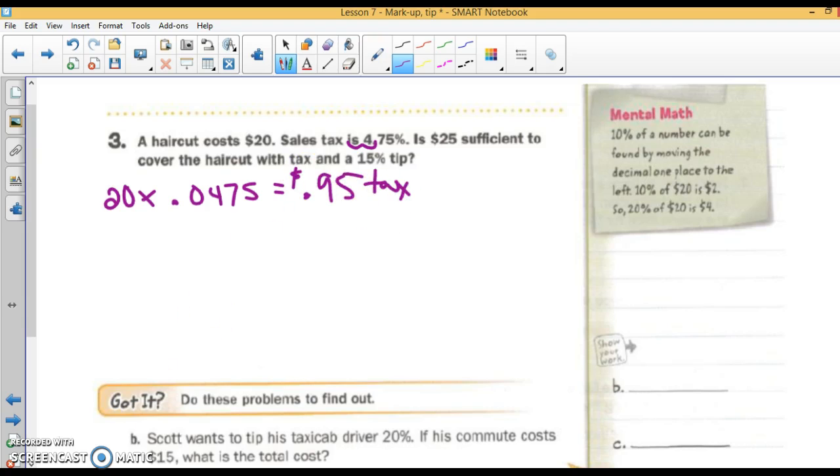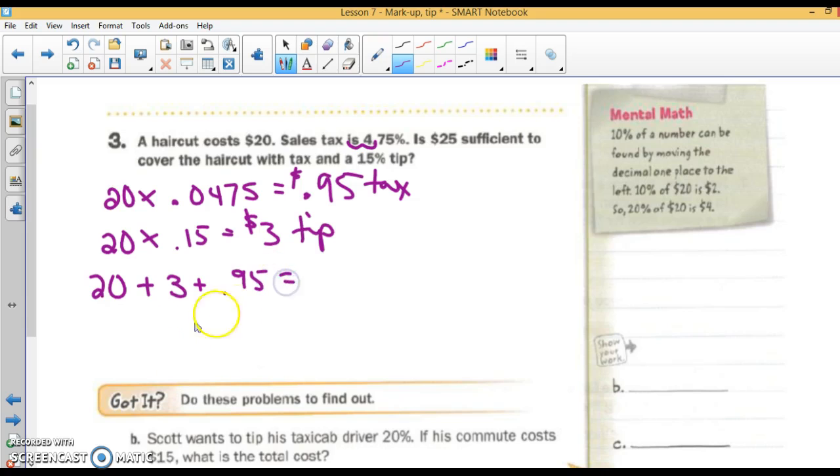Okay. But if I want to do my tip, $20 times 0.15 gives me a $3 tip. So, I'm going to pay $20 for the haircut plus $3 tip plus 95 cents tax, which is $23.95.